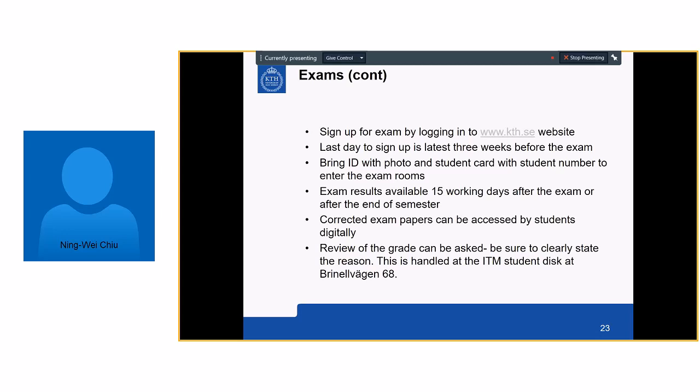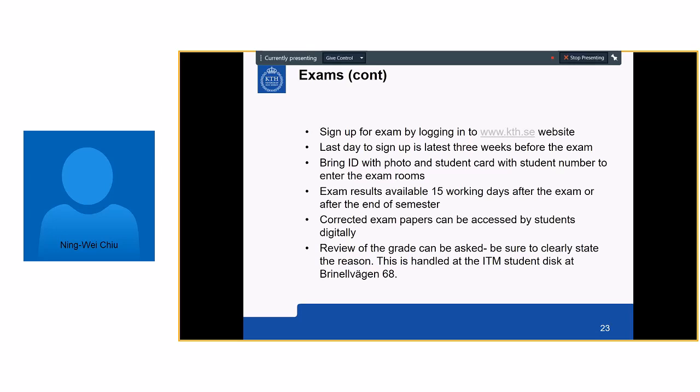And after checking it, if you think that it has not been graded fairly, you can ask, on an individual basis, for a re-grade of your exam. But you have to make sure that you clearly state the reason for the regrading. And then there's a form to fill in at the desk, Brinellvägen 68.